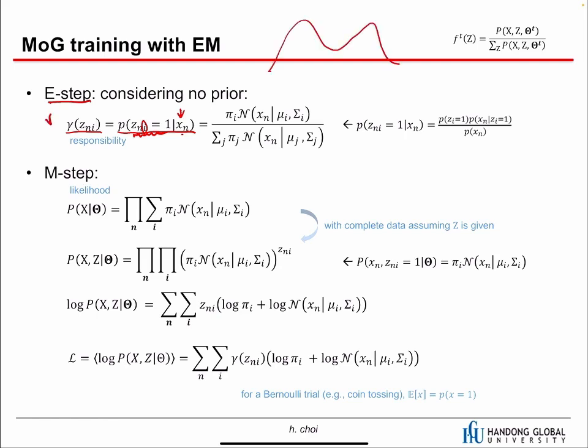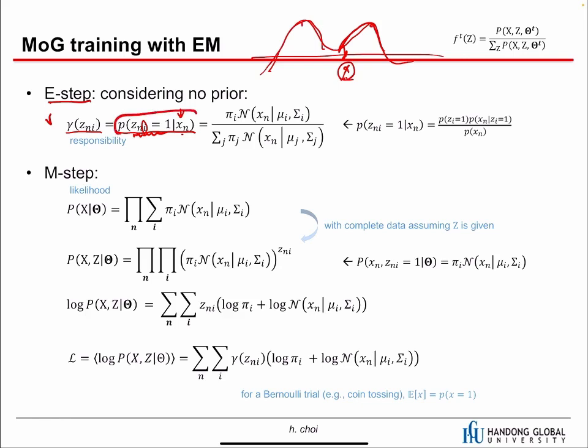Again, if this one is our distributions, and this one is our sample x, then probably this component explains x more than this component. So this component is more responsible than this one for x.